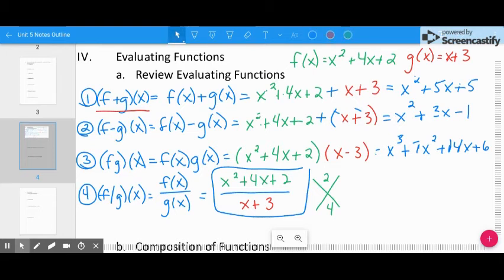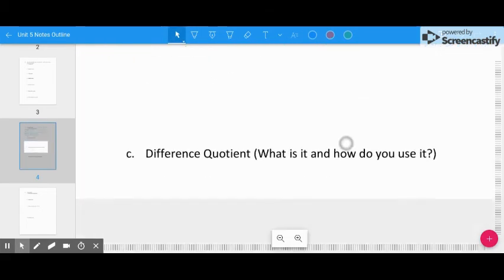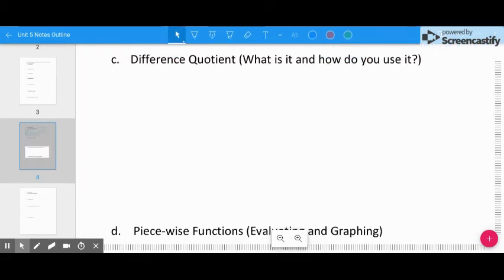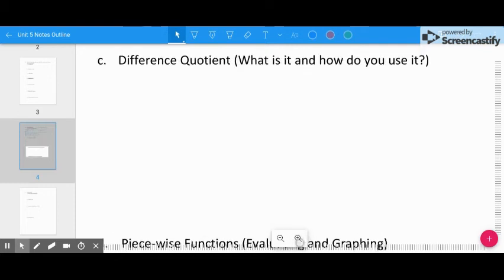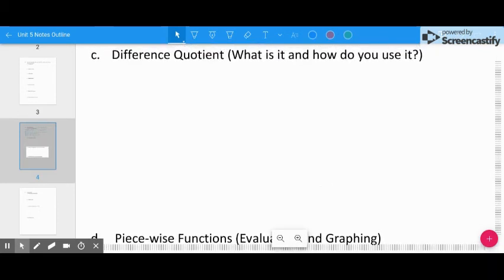Now, the last thing that we're going to talk about here in this set of notes is the difference quotient. The difference quotient is something that you'll talk a lot more about in either of the calculus classes. But the difference quotient looks like this.